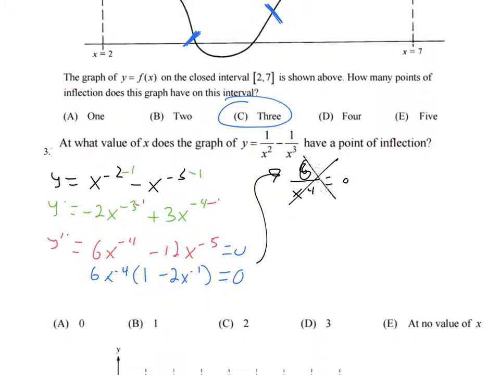So this doesn't give me a point of inflection. But can I take 1 minus 2 over x, where x to the negative 1 is 1 over x? When will that equal 0? Well, if I add this to both sides, 1 is equal to 2 over x, so x is equal to 2.